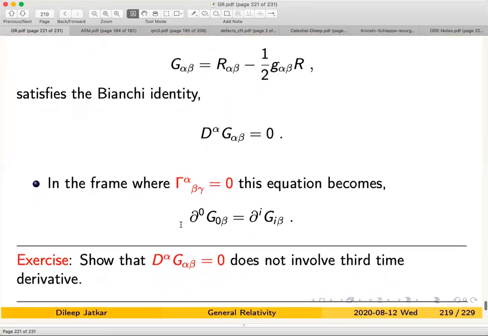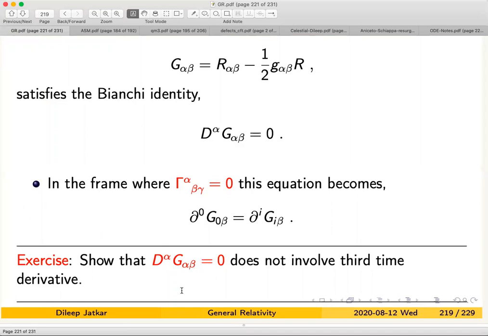Fine. So here's a small exercise. What you need to show is you take d alpha of g alpha beta. Okay, this is the equation. And what you need to show is that this equation does not involve third time derivative.